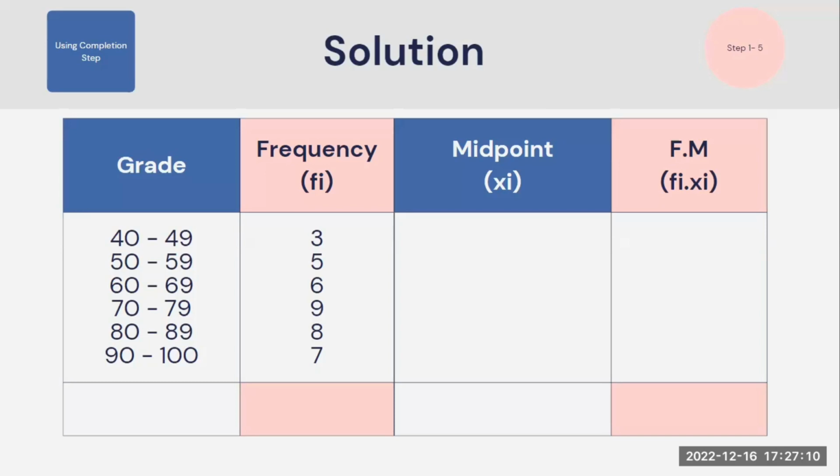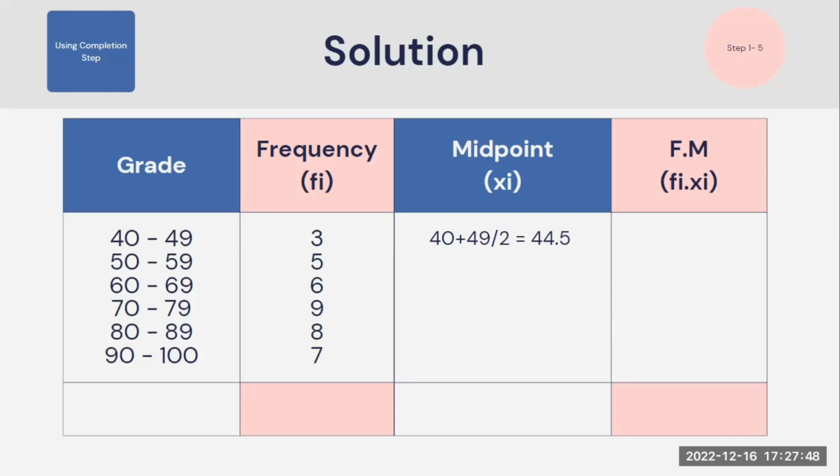Next, let's calculate the midpoint values first. The midpoint is going to be the sum of the lower boundary of the interval plus the upper boundary of the interval divided by 2. So, in the grade interval of 40 to 49, the lower boundary will be 40 and the upper boundary is 49 and then divided by 2 equals 44.5.